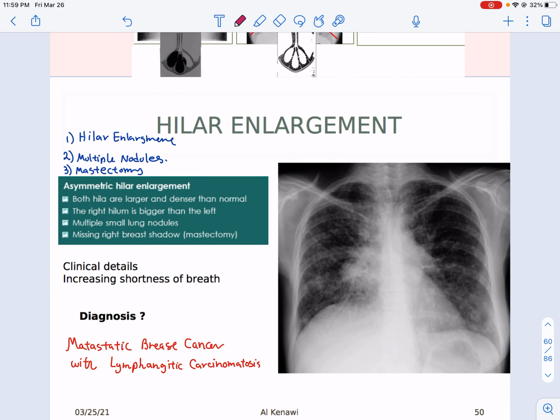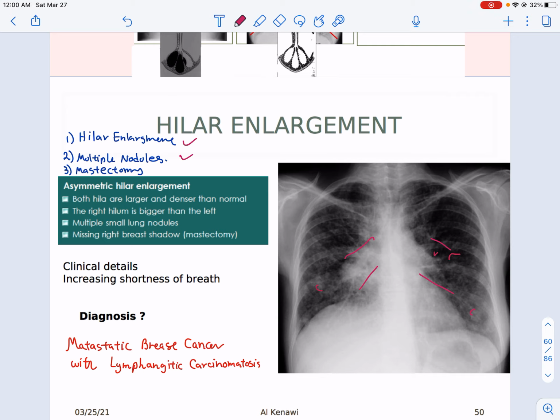This is another picture. So we can see there is a hilar enlargement, multiple nodules, and mastectomy. So all of that, we can say the hilar enlargement and multiple nodules, we can also see it.